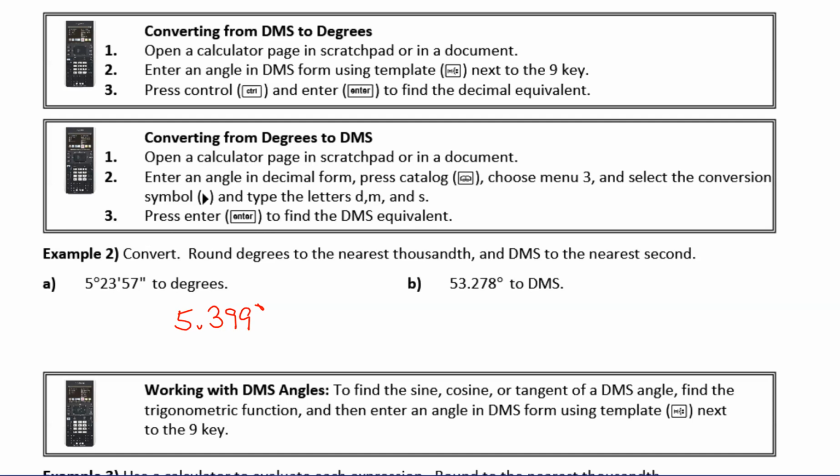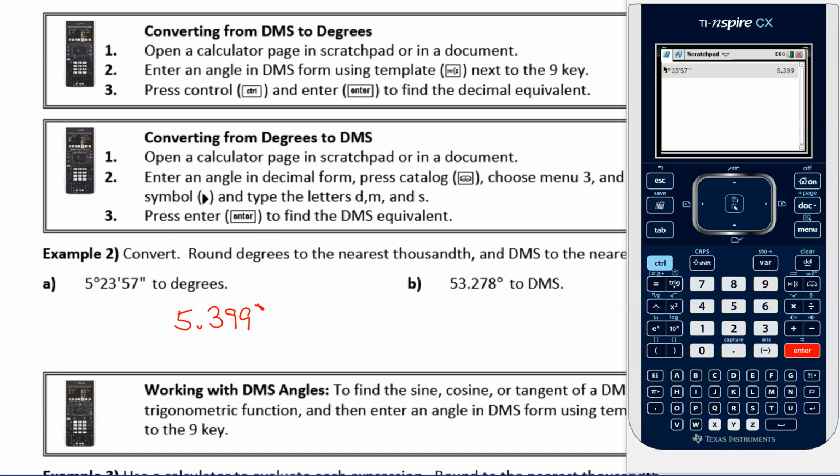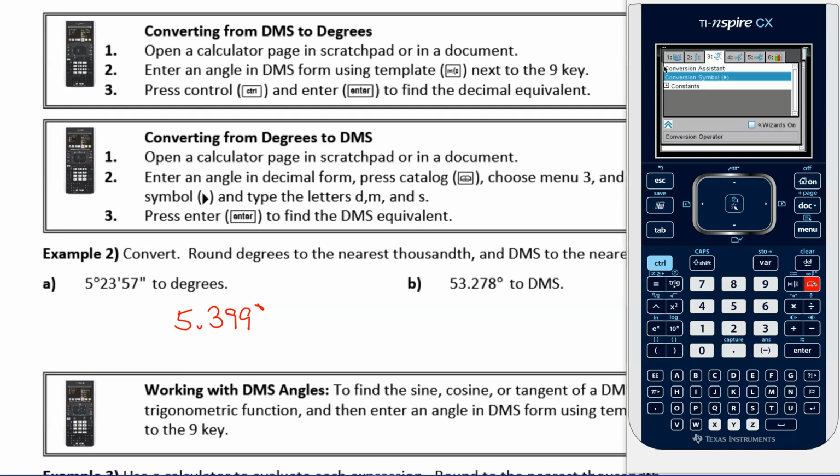All right, so let's try that example in B below. So if we're in our document, I'm going to type in 53.278, and then I'm going to press the catalog key, which is right next to that template key that we just used. And in there, I'm going to pick out in the third menu the conversion symbol. In different operating systems, this may appear in slightly different places, so you may have to search for that.